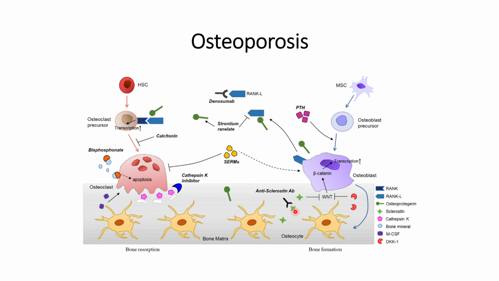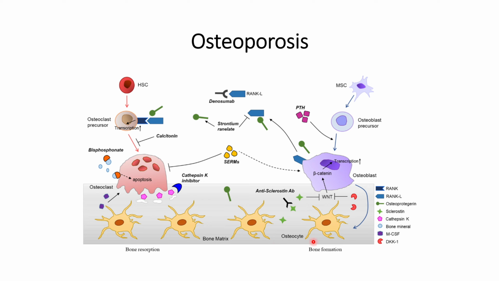So osteoblast differentiation works in two ways. First, it promotes osteoclast formation. At the same time, it also releases signals that will try to inhibit or stop further bone formation by inhibiting osteocyte formation.